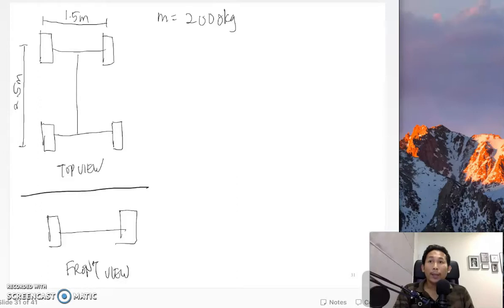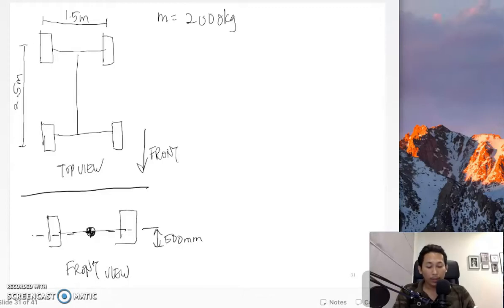500 mm above the ground level. So let's say this is the center of gravity. This is 500 mm from the ground and lies at 1 meter from the front axle.